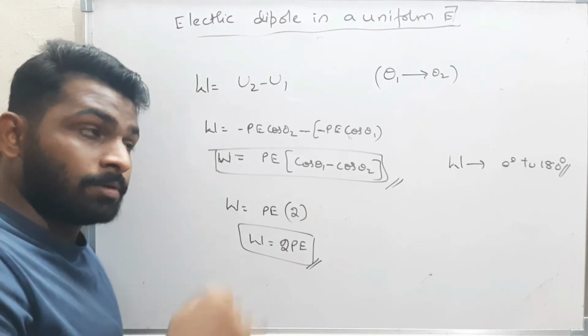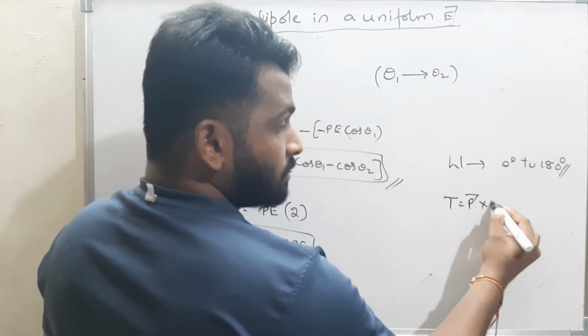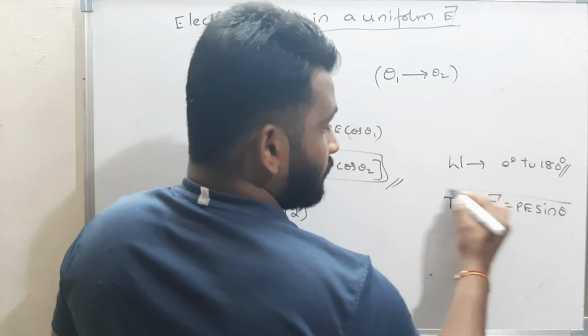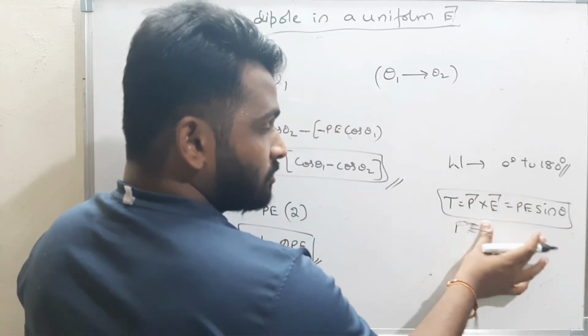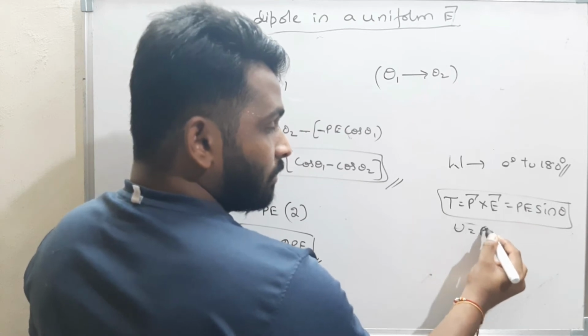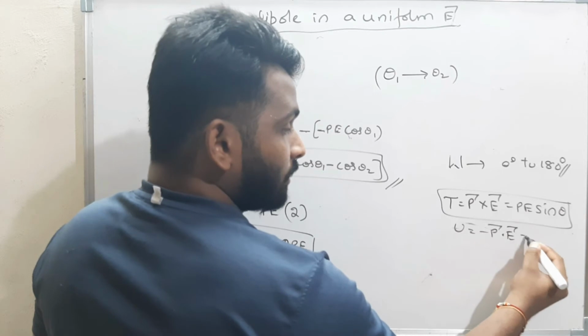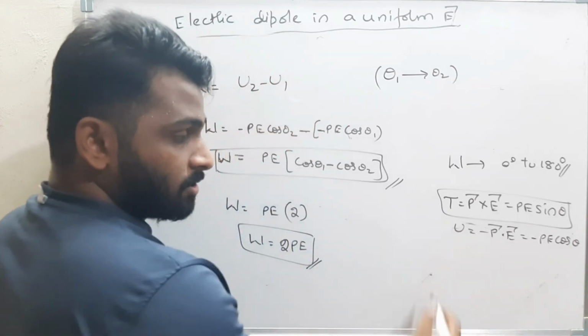Torque. What is the torque formula? Torque is P bar cross E bar. That is nothing but PE sin theta. Now what is the potential energy? The potential energy, that is U, is equal to minus P bar dot E bar. That is nothing but minus PE cos theta. Now what is the work done?